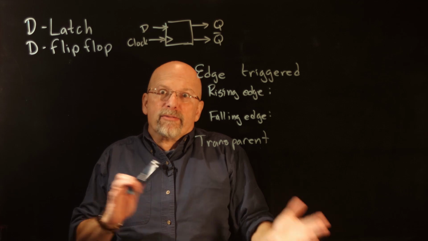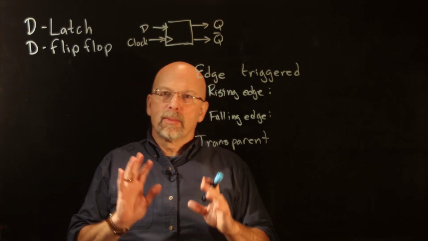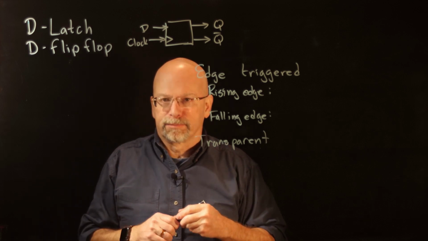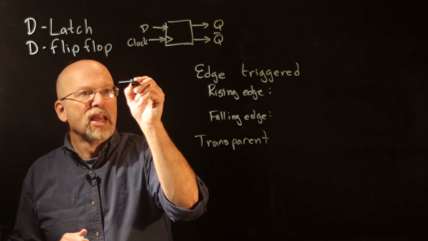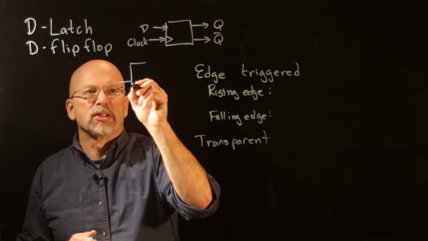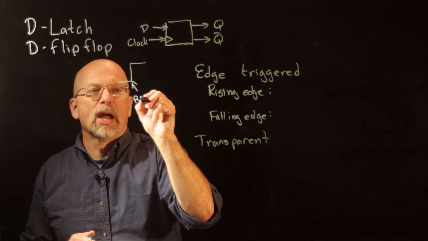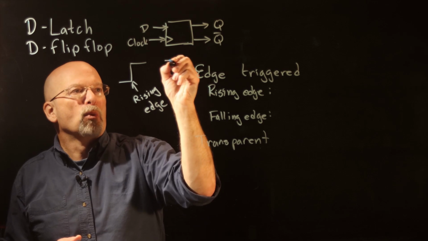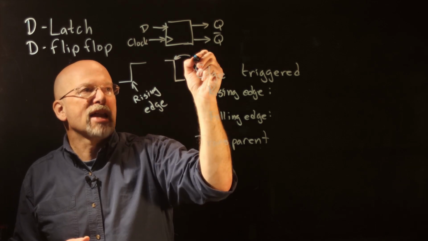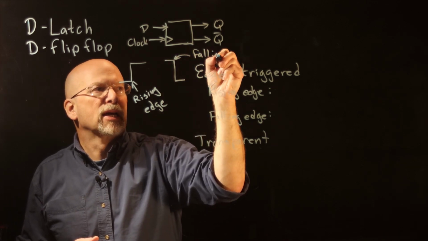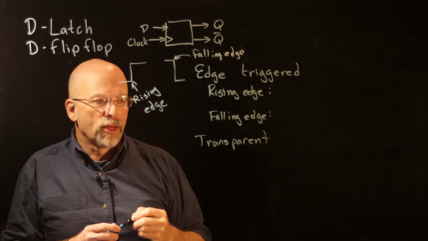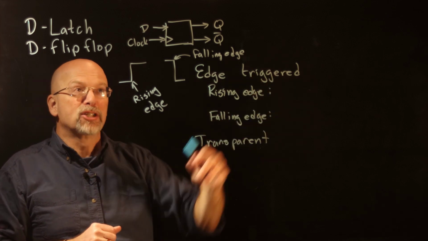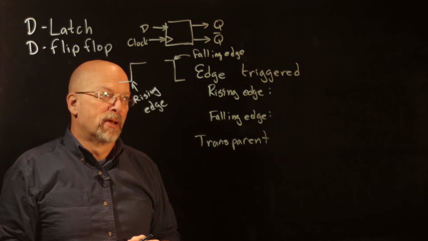Now, if you remember from a very early lesson, we talked about the characteristics of a digital signal. And we talked about how if I have a 0 to 1 transition, that is referred to as a rising edge. And if we have a 1 to 0 transition, that is referred to as a falling edge. Well, those definitions map directly to these different types of edge-triggered storage devices.